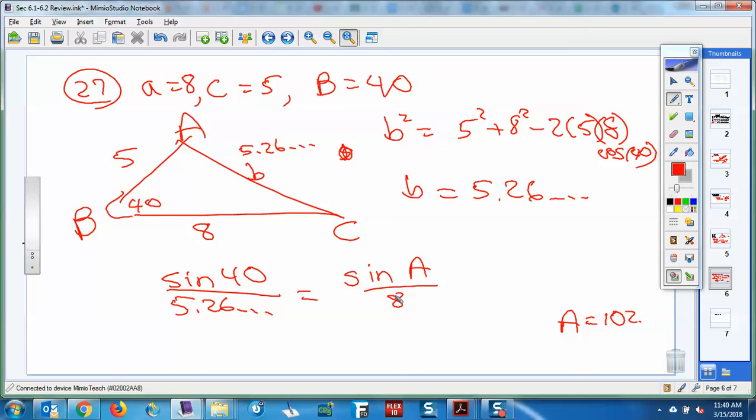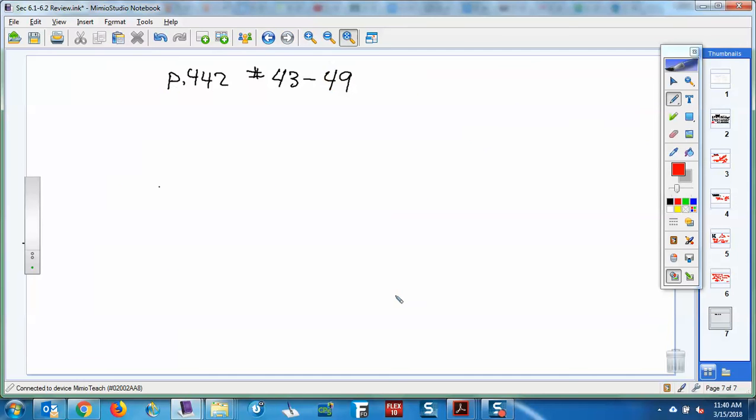Okay, all right. What I want to do here before lunch, we don't have a whole lot of time. We'll carry it over a little bit after lunch. I've got a worksheet here too, but maybe we'll just do the odds or so on the worksheet, because it's not like we need to do a ton. We need to do some, I think, a variety. But I want to work on some of these story problems. On page 442, let's work on these.